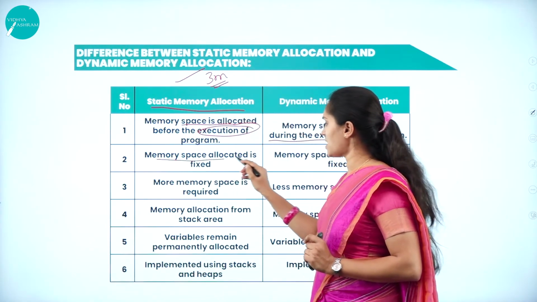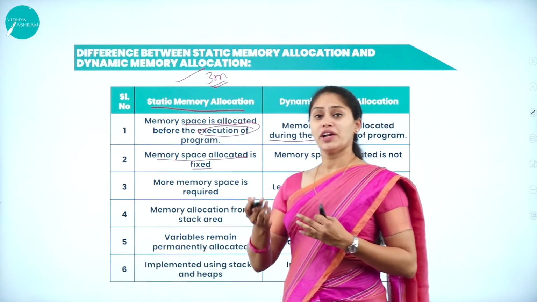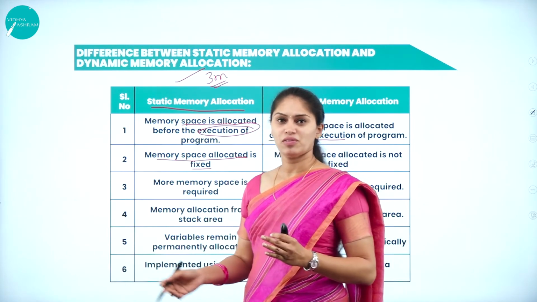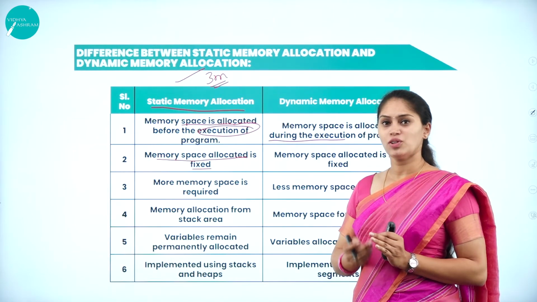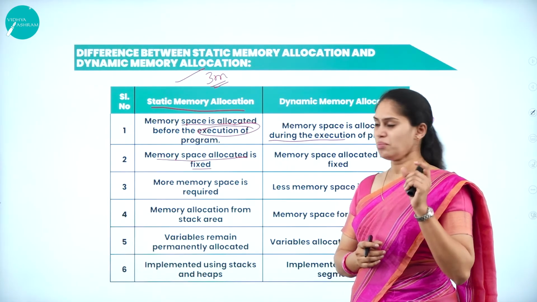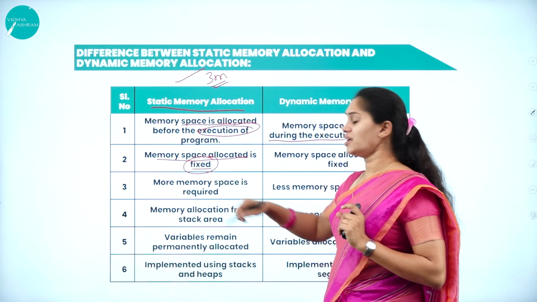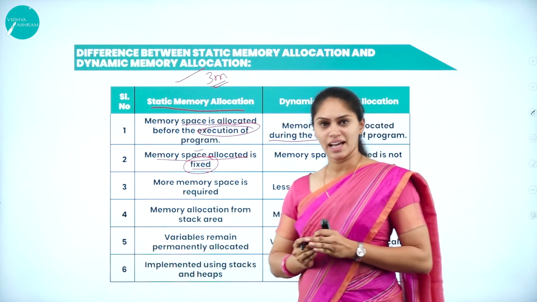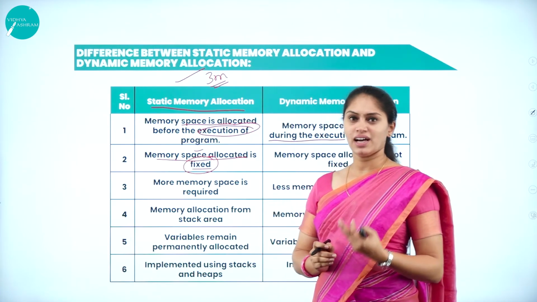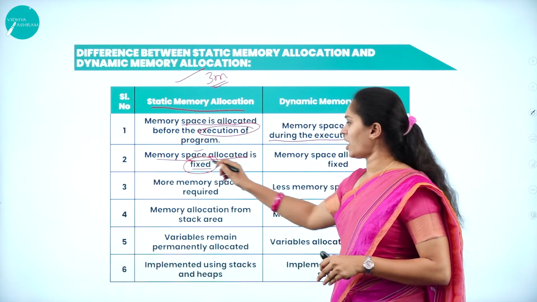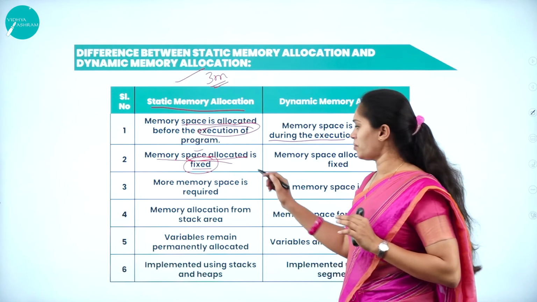Memory space allocated is fixed. When I declare a variable with the help of static memory allocation, whatever memory I allocate based on the data type will remain constant or fixed. With the static memory allocation method, whatever memory space I allocate will remain fixed.